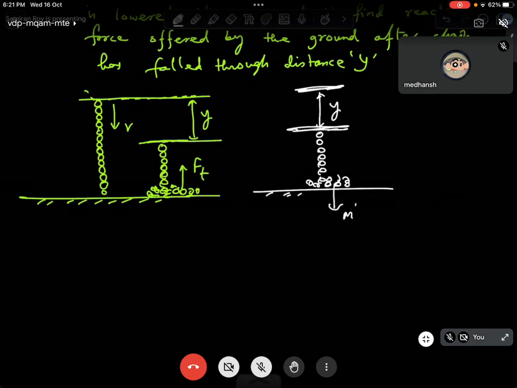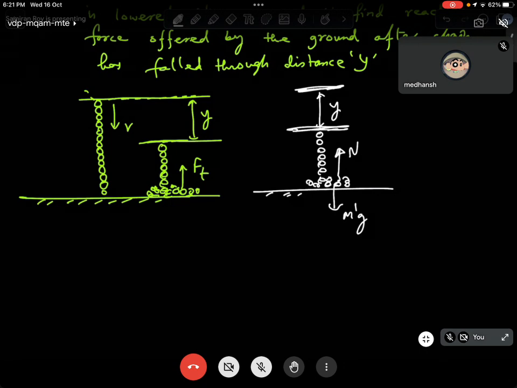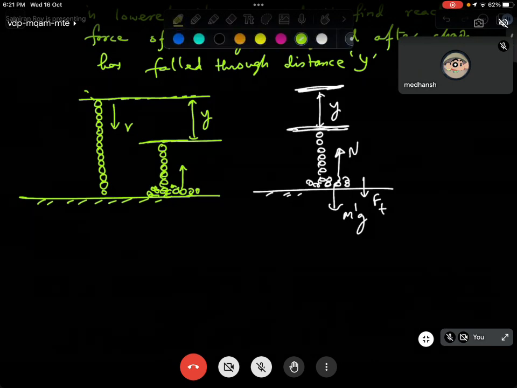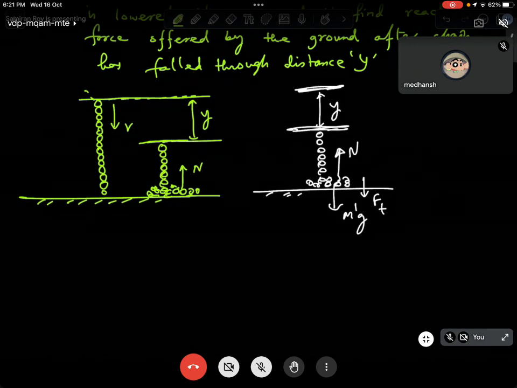So m dash g acts down, and there will be a normal force upward, correct? I have written here wrong. This won't be thrust force; this is the normal force from the ground. The thrust force will be on the ground. Is that clear?